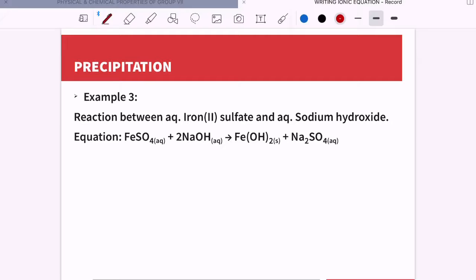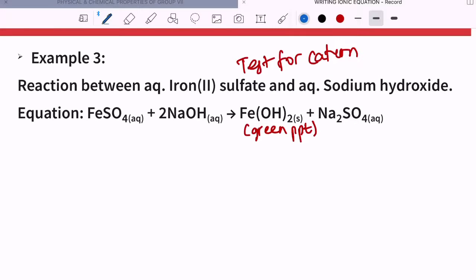Okay. Third example, you have aqueous iron(II) sulfate and aqueous sodium hydroxide. Actually this is the test for cations, if you notice. This is the green PPT, the dirty green PPT. So let's write down the ionic equation. Firstly we have to break the aqueous substances into the ionic form. So let's break the FeSO4.